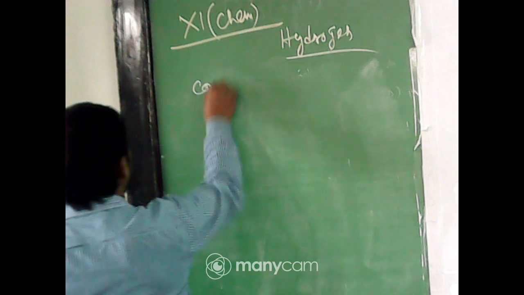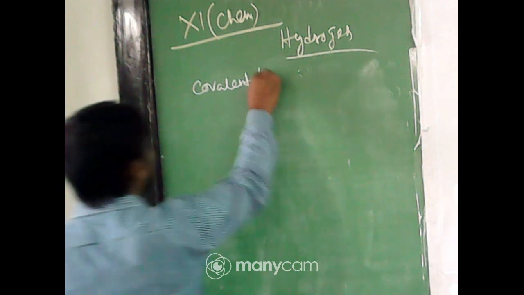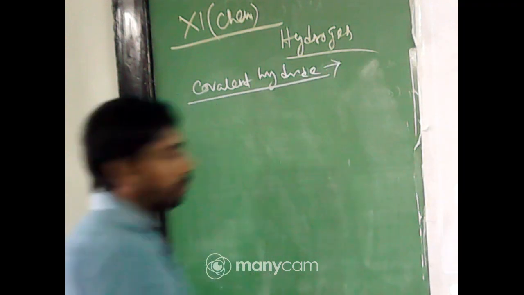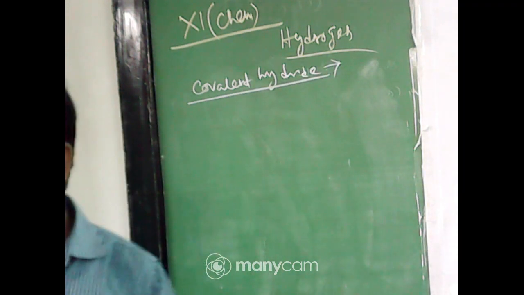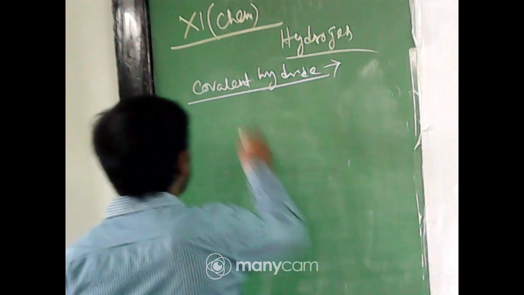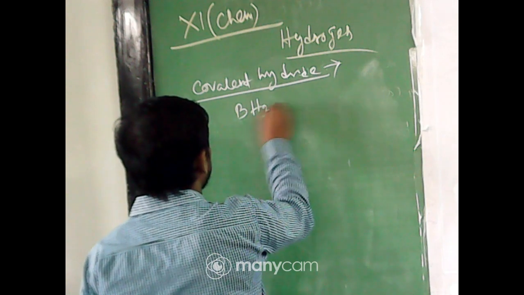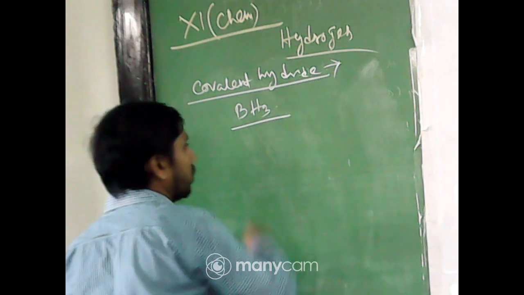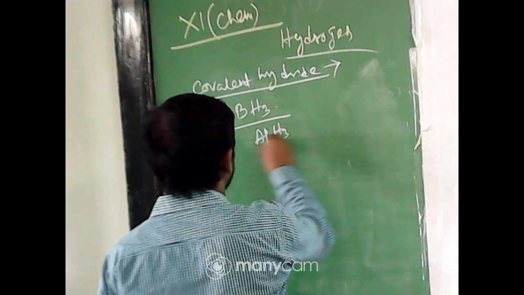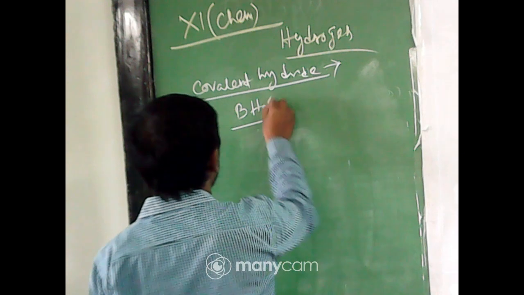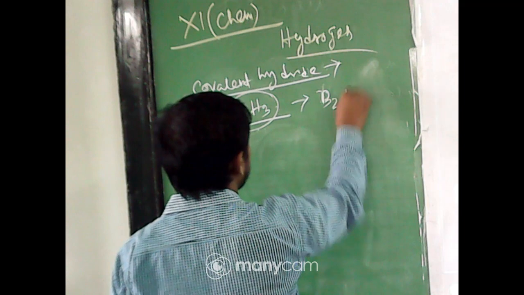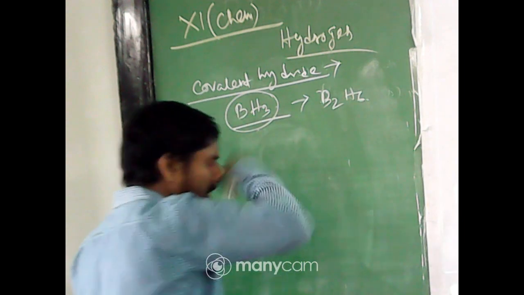Next one is covalent hydride. Take group 13 elements, boron, BH3. But BH3 does not form as a monomer, it forms a dimer. B2H6 is more stable because in BH3 the valency is not satisfied.